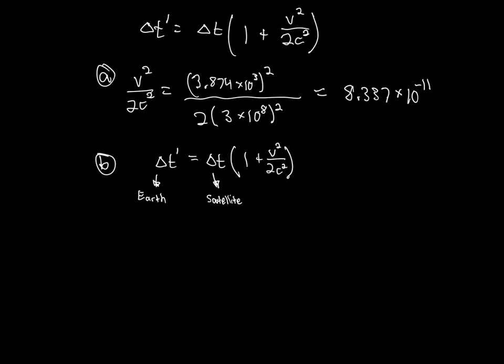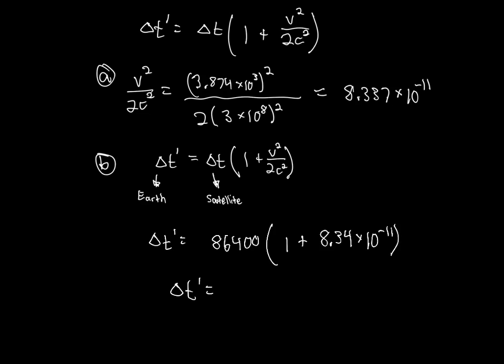Look back. Just a little bit. 86,400. Okay, so delta t prime equals 86,400 times 1 plus 8.34 times 10 to the negative 11. Plug that into your calculator and tell me what you get.